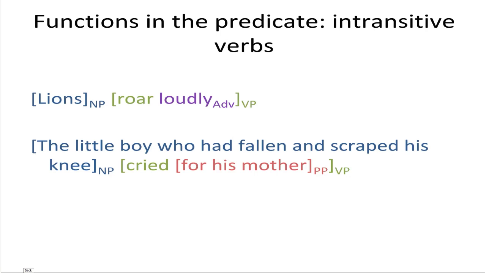But as we saw before, these sentences would still make sense if we didn't have the adverb loudly or the prepositional phrase for his mother filling the post-modifier slot. These post-modifiers can be there if we want to specify that extra information, but they're not necessary for the clause to be complete.